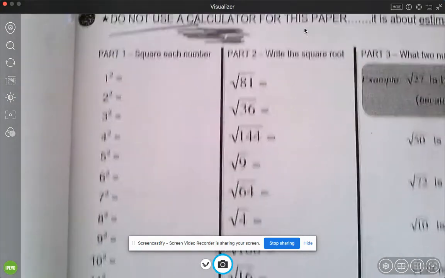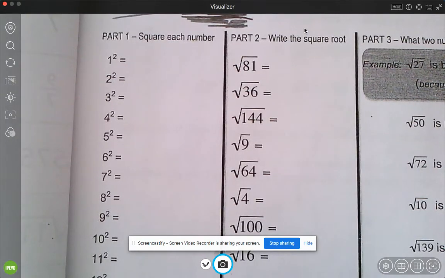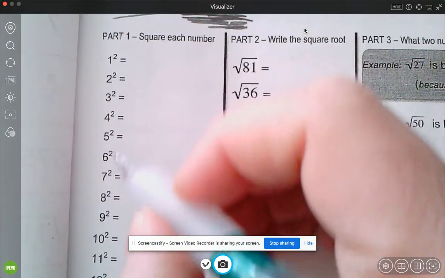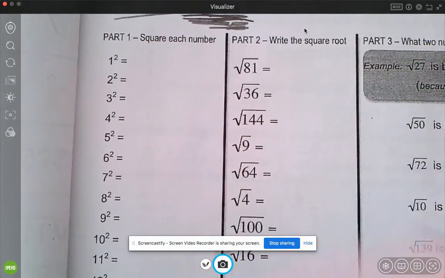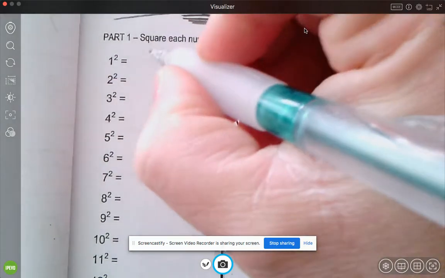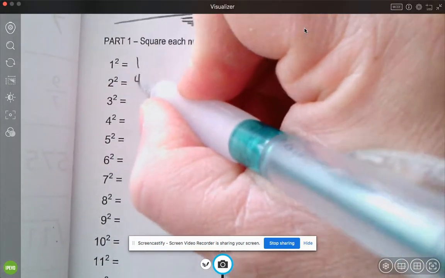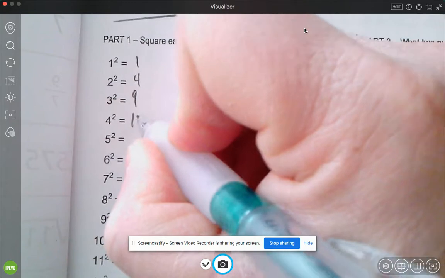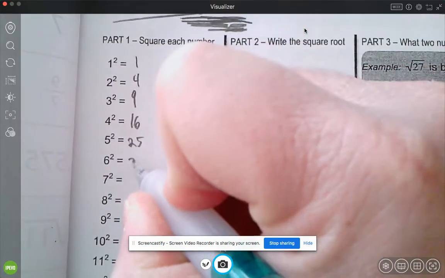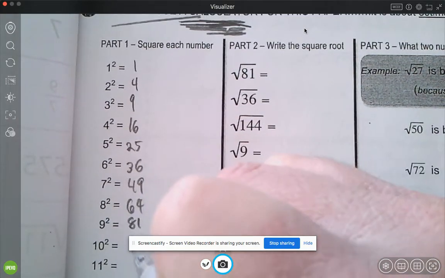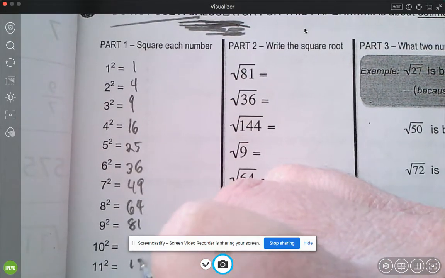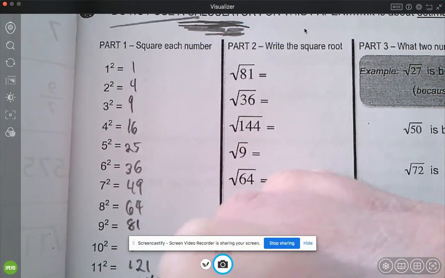So the first part, we've done this before, is just to quickly fill out this chart for our reference. Who thinks they can square all these numbers, which means like 3 times 3, 6 times 6, 9 times 9, and so on? Raise your hand if you think you can do it. Hopefully you said 1, 4, 9, 16, 25, 36, 49, 64, 81, 100, 121, and 144.